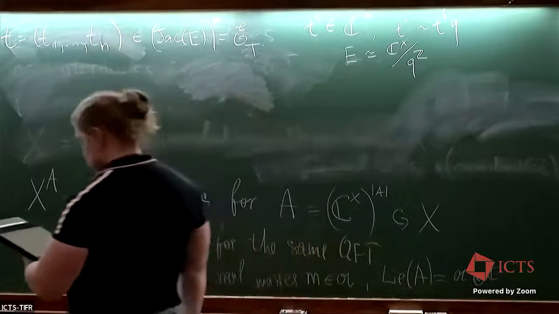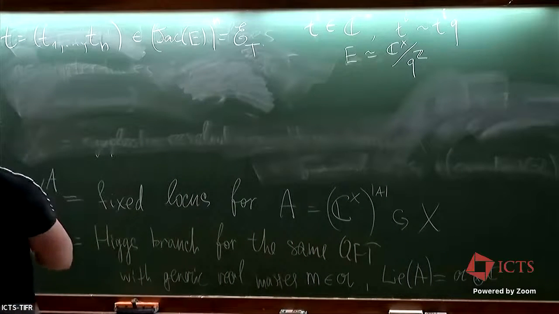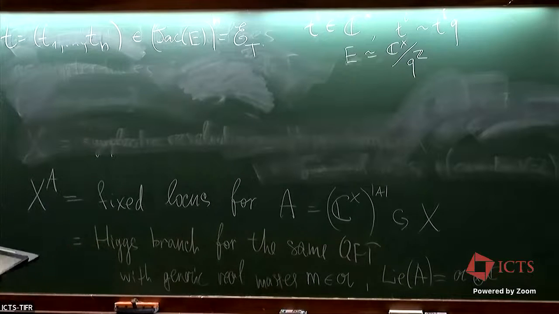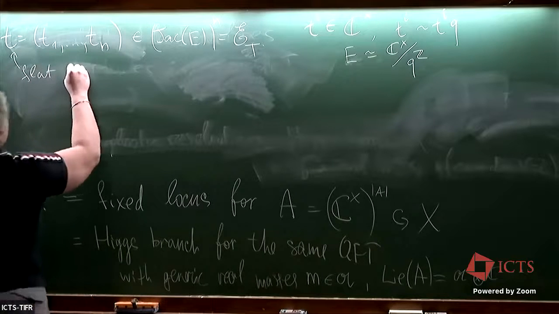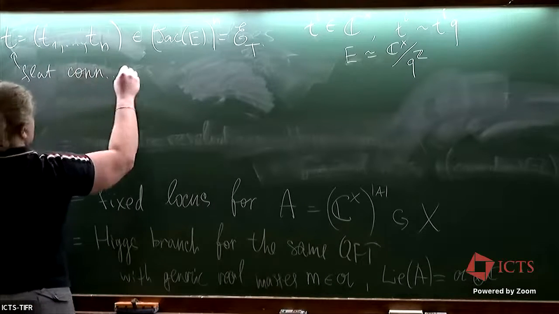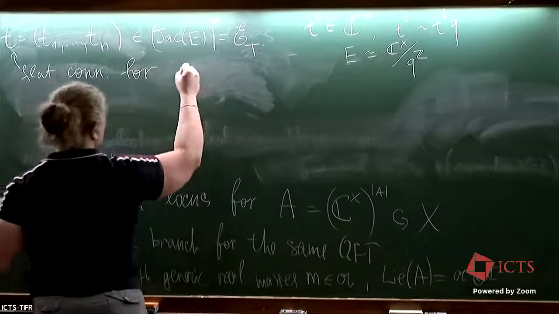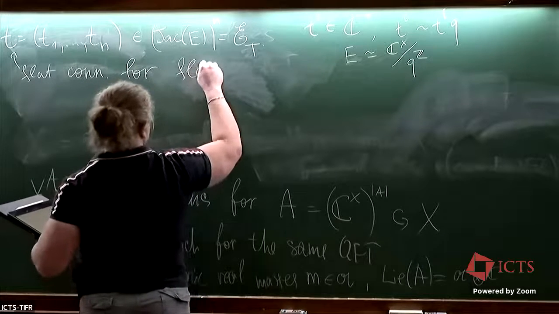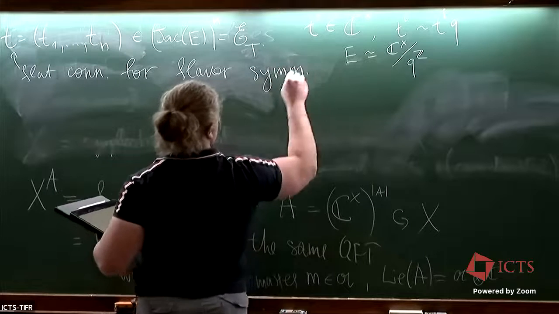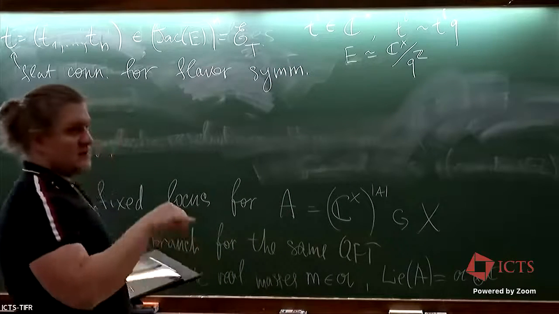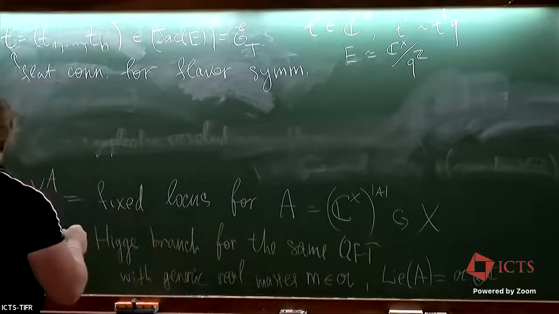Now, these are flat connections for flavor symmetries, for what is usually referred to as flavor symmetries, which are the ones that act on the Higgs branch.